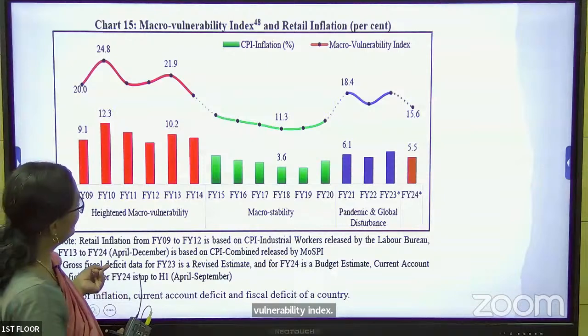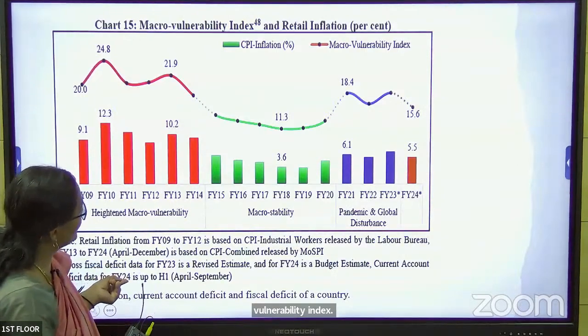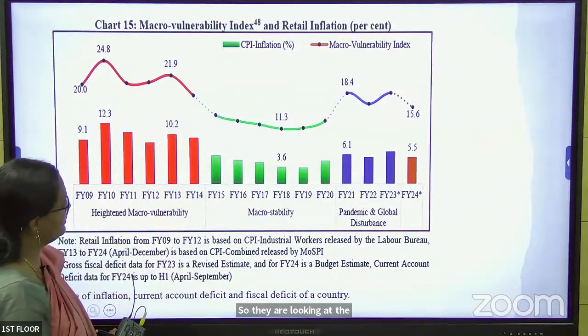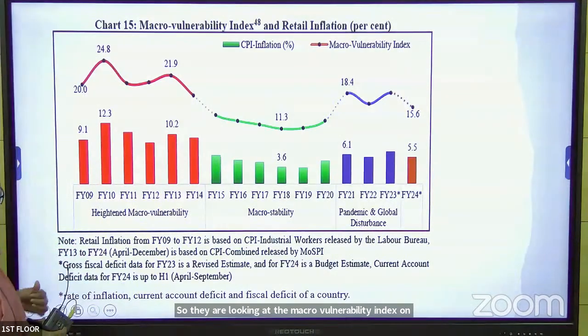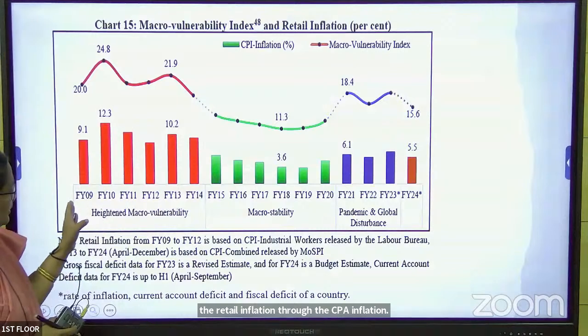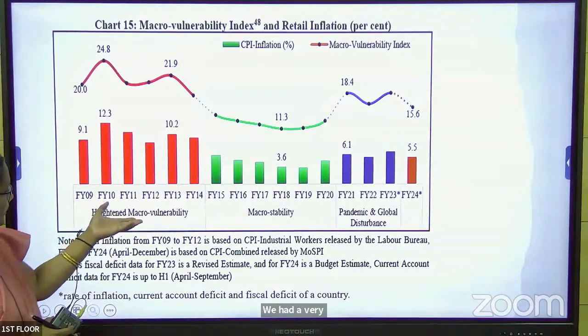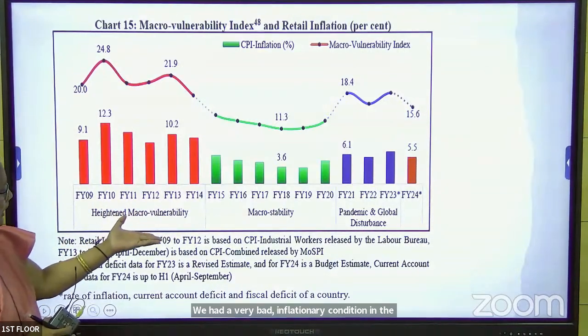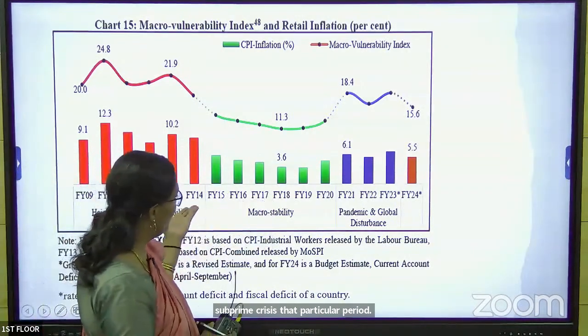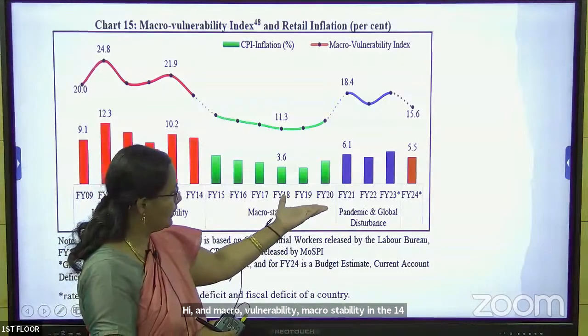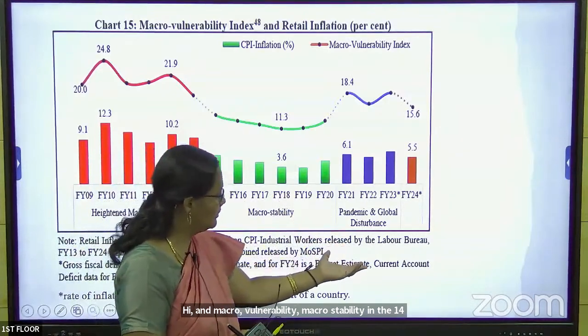So they are looking at the macro vulnerability index and retail inflation through CPI inflation. We had a very bad inflationary condition in the subprime crisis period. There was heightened macro vulnerability in the 14 to 20 period. Again, the pandemic.